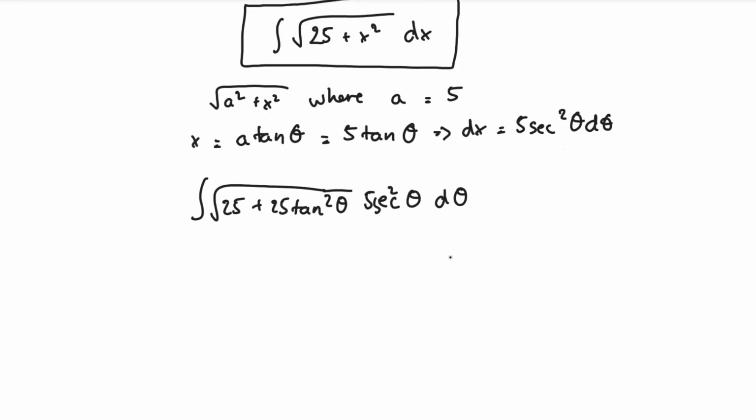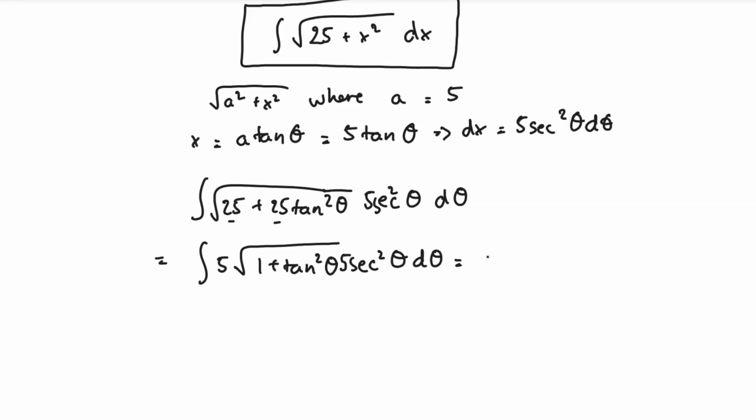Next, 25 is a common factor, so I'm going to factor 25 out. Because of the square root, the square root of 25 is going to be 5, times the square root of 1 plus tangent squared theta, times 5 secant squared theta d theta.